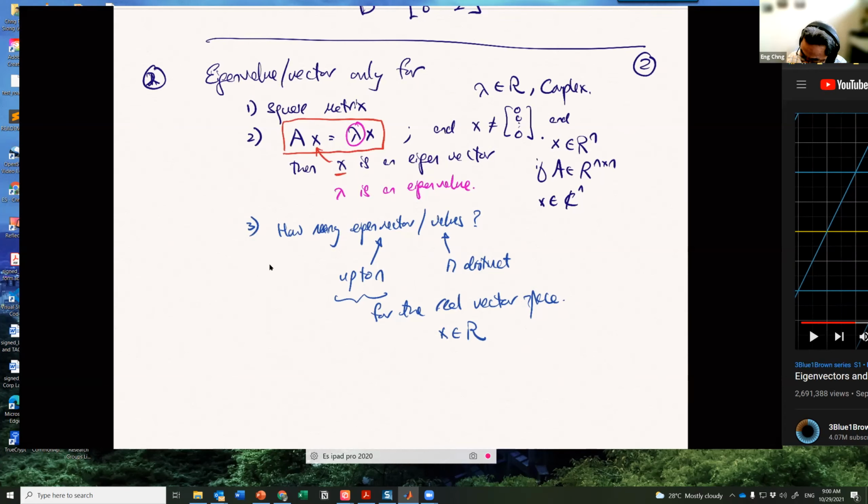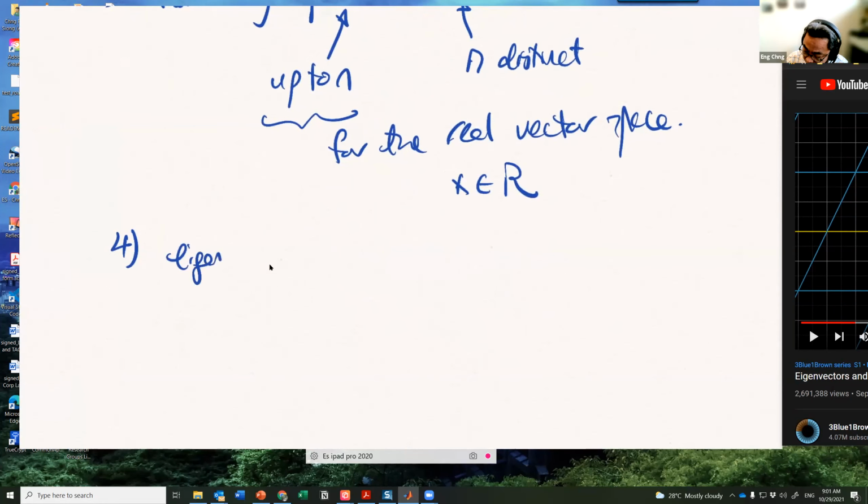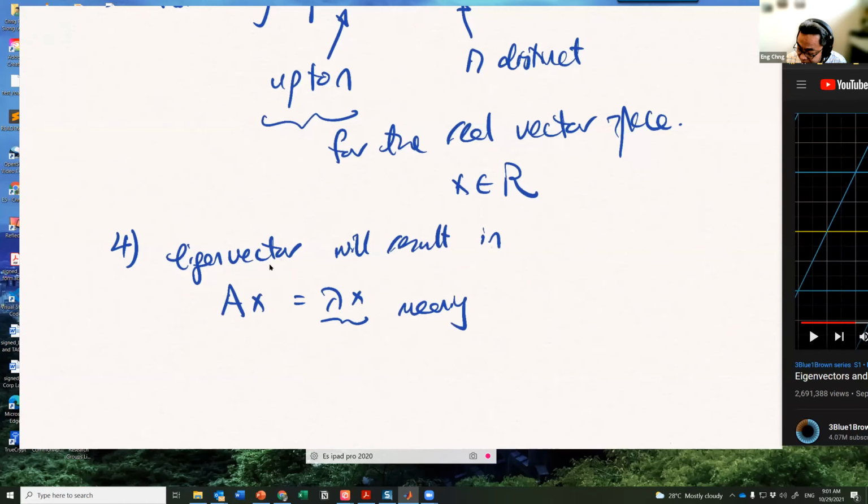For the eigenvector, as shown in Lay's book and 3Blue1Brown, the eigenvector, or any scalar version of the eigenvector, will result in AX equals lambda X, meaning that the final answer lies in the same span of the eigenvector X.